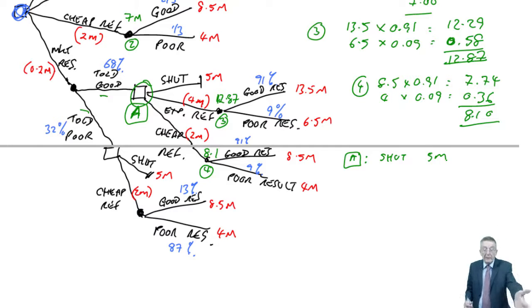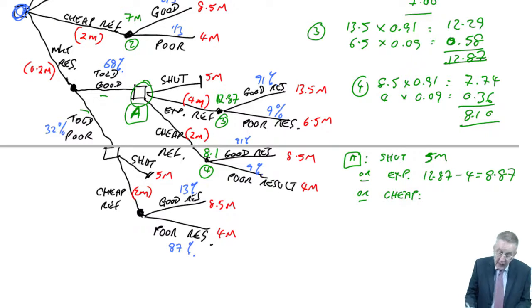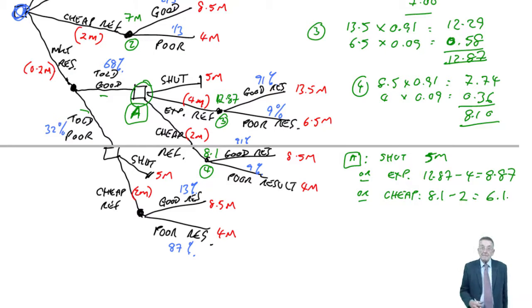You know, we've paid 0.2 million for the research, whatever happens. But having paid that, we shut and get 5 million, or we do the expensive, we'll get 12.87 million, but we'll have had to pay 4 million, so a net 8.87 million. Or we do the cheap. And if we do the cheap, we'll get back an expected 8.1 million. We'll have had to pay 2 million, and so we get 6.1.